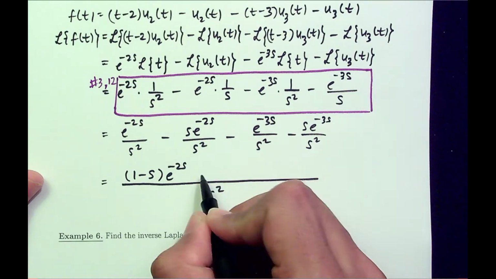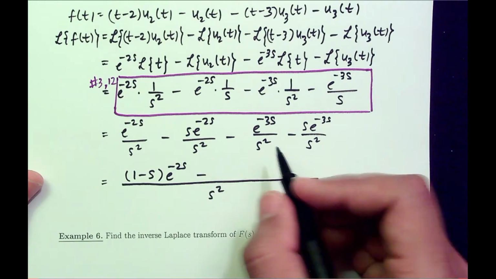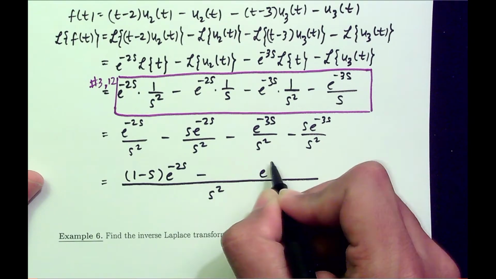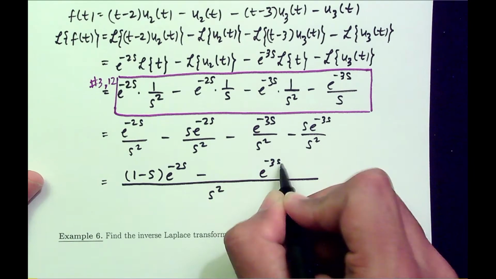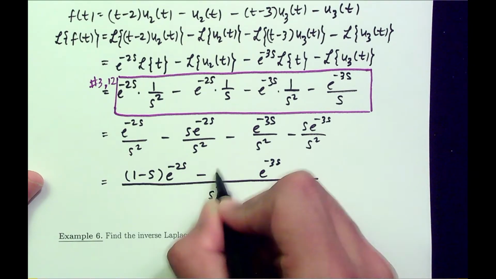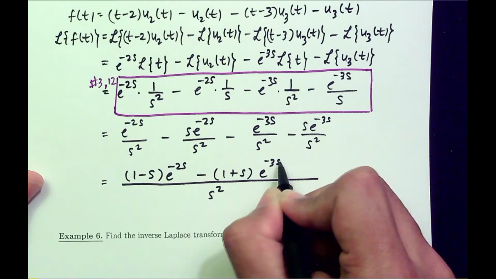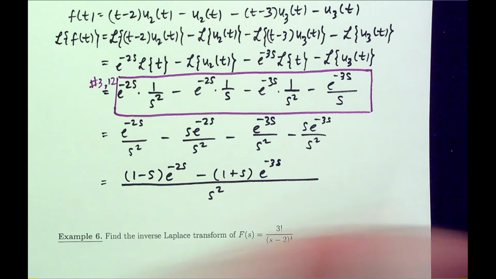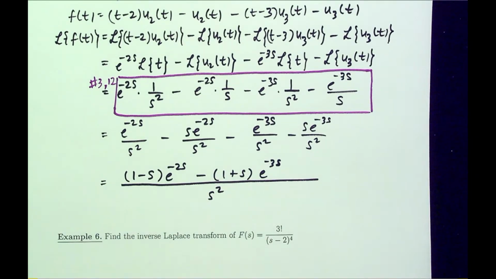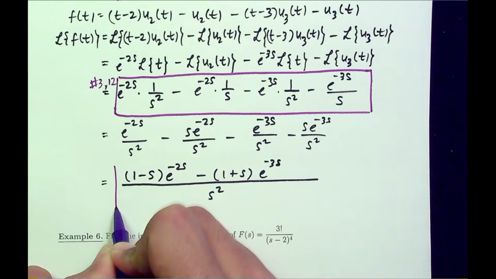And then from here, you factor out the e to the negative 3s, and you end up with 1 plus s. And that is a better looking answer.